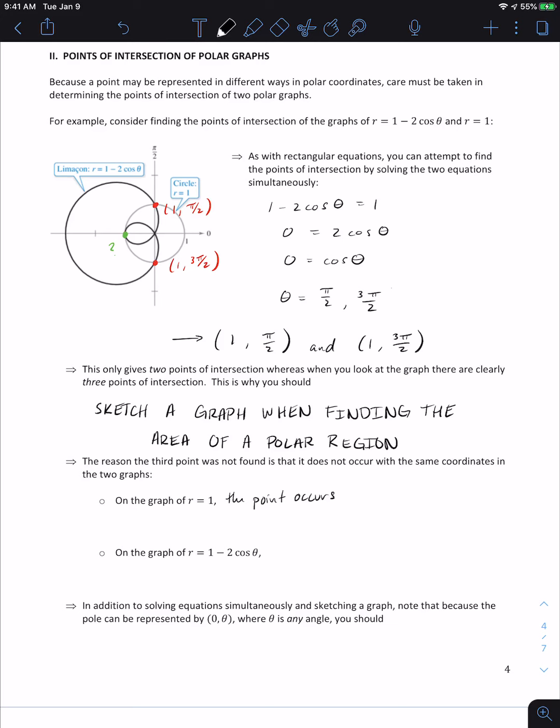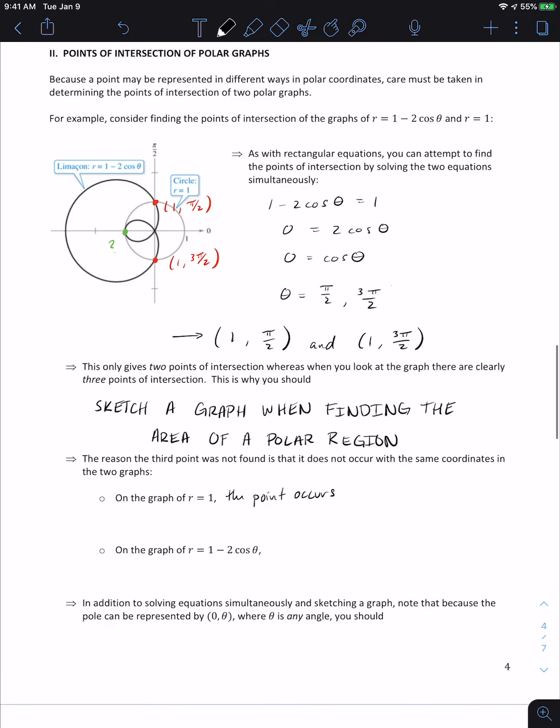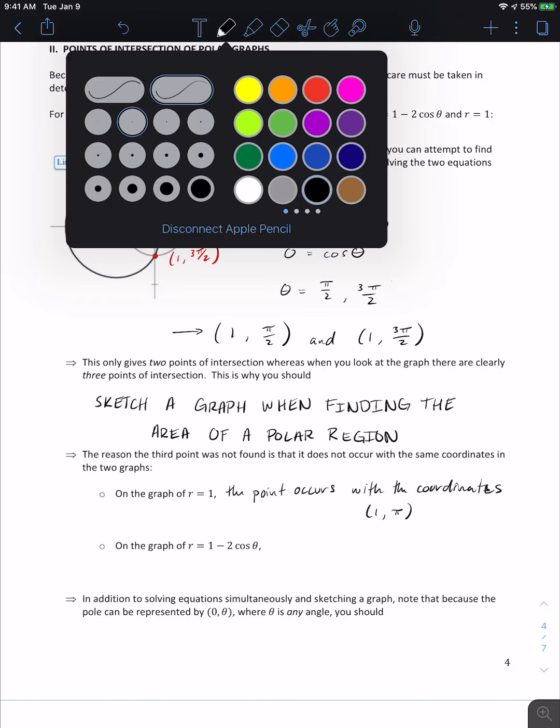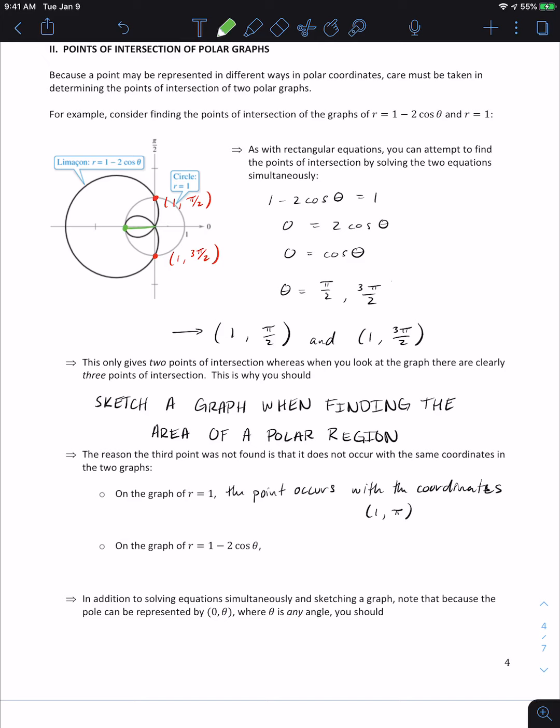That point occurs with the coordinates (1, pi). Why? Because if I'm on the circle and this is my point, that angle is pi, and the radius, the distance, is 1. So this is the point (1, pi).